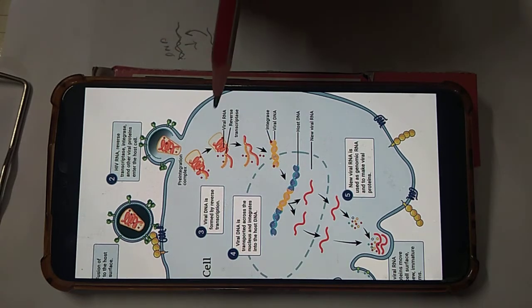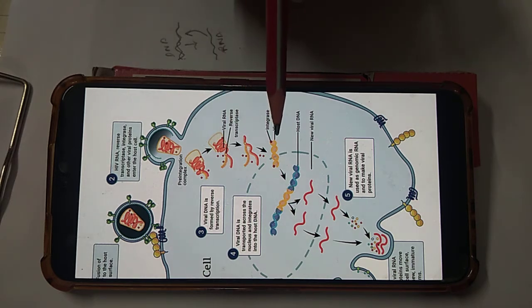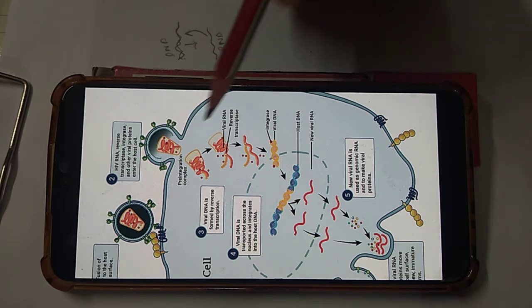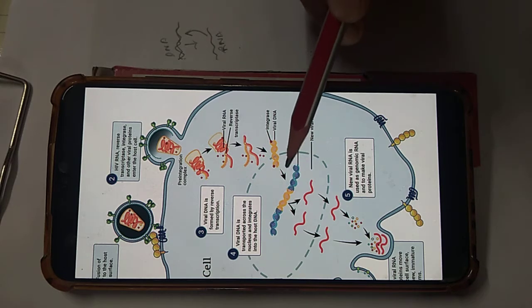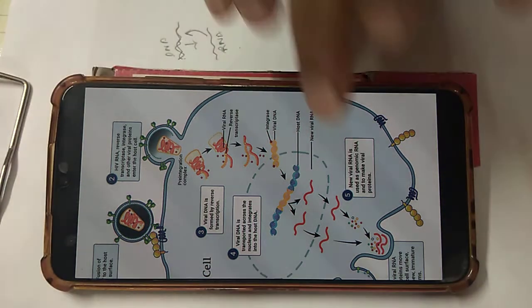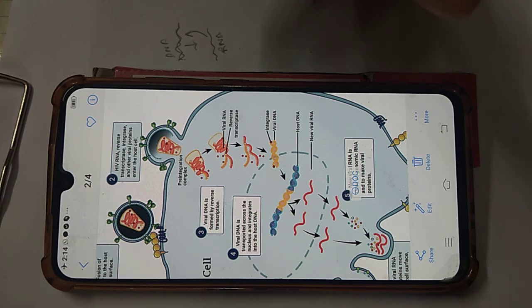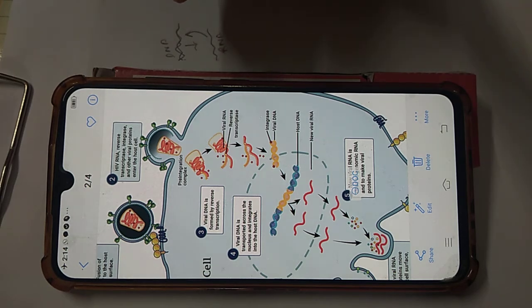Upon getting injected, this viral RNA, with the help of the reverse transcriptase enzyme, will form viral DNA. From the viral RNA, viral DNA will be formed, because the viral DNA has to attach with the host DNA. For the virus to multiply, the virus has to take over the working mechanism of the host cell. And how can it take over the working mechanism of the host cell?